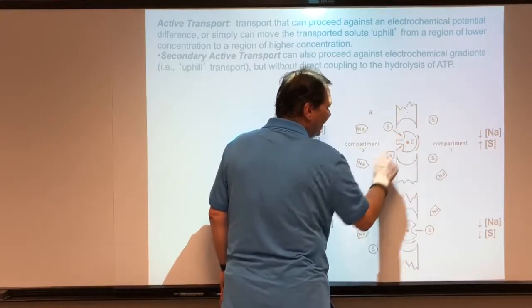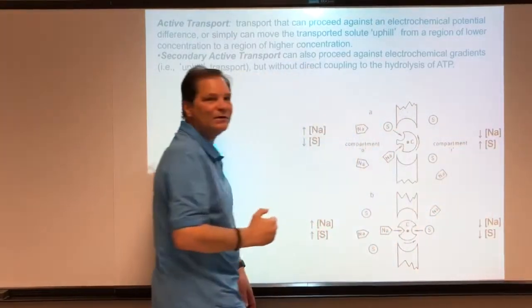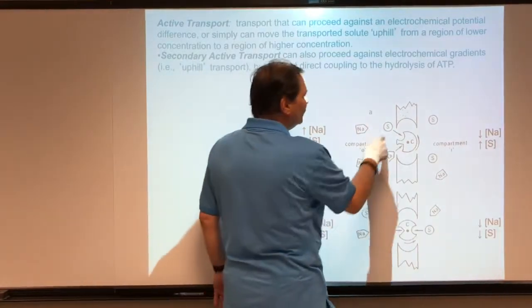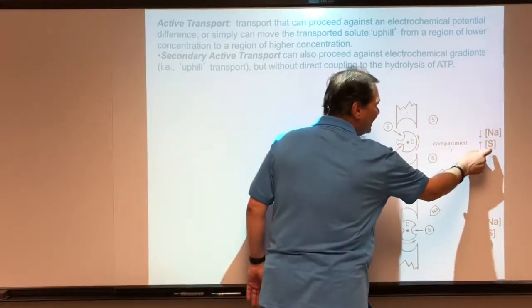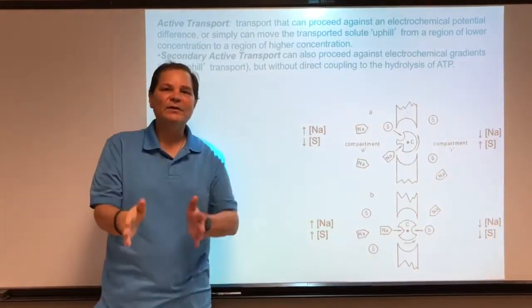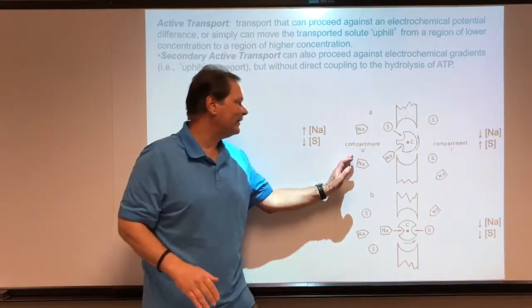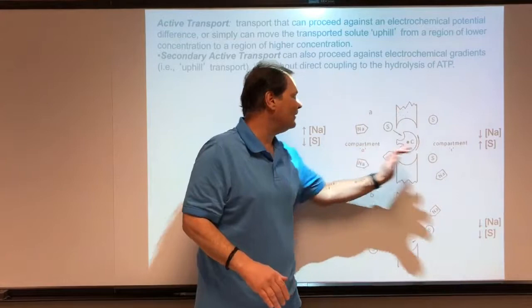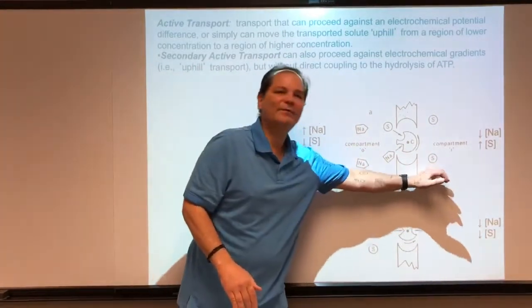And once they both bind, sodium gets across. It goes from high concentration to low concentration, and it drives the movement of S from low concentration to high concentration. So S moves from low concentration to high concentration because you're using the tendency of sodium to move down its gradient to do that. Okay? It drives the movement of S.